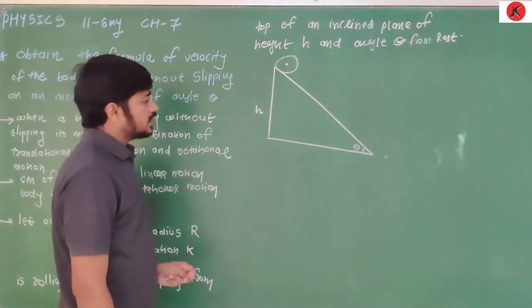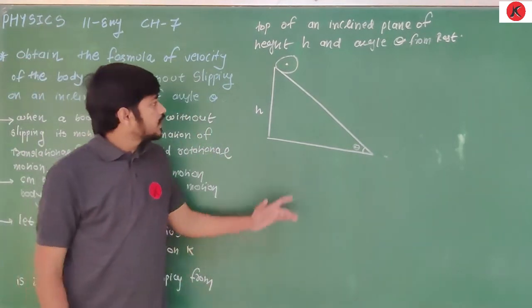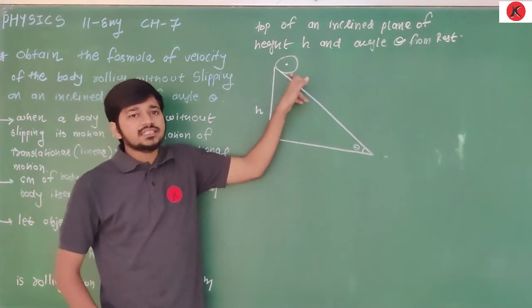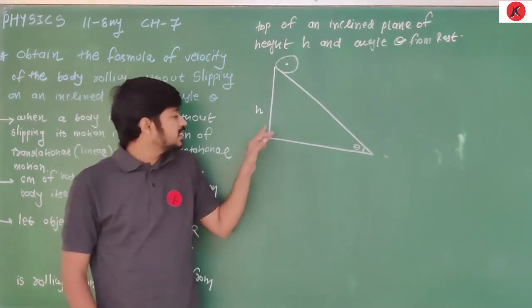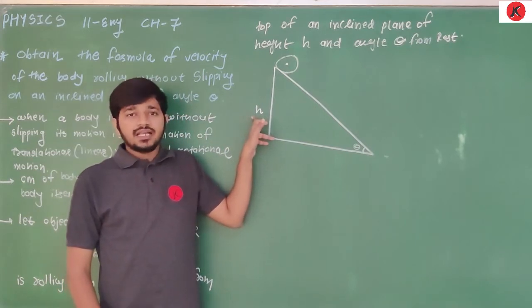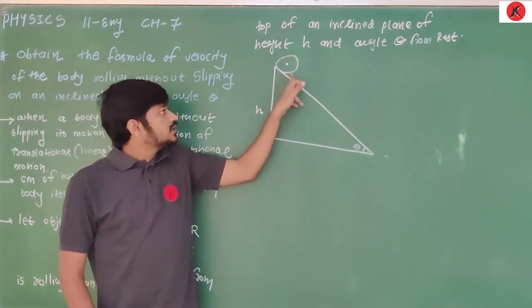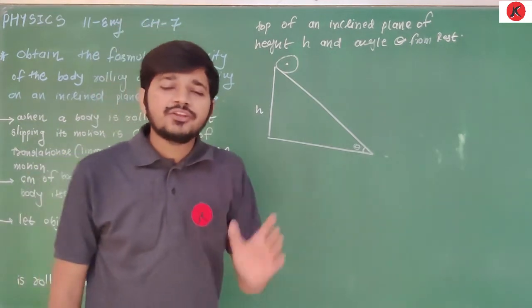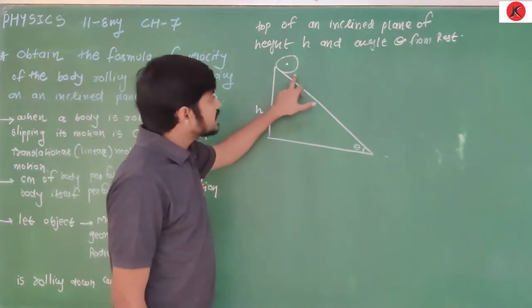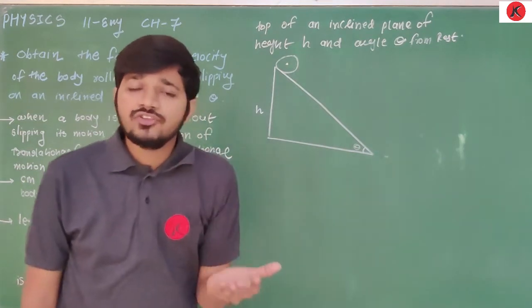In this situation, initially this object is at the top of the slope, at the high edge. So at this point it has some potential energy, and as it is at rest, its kinetic energy is 0.